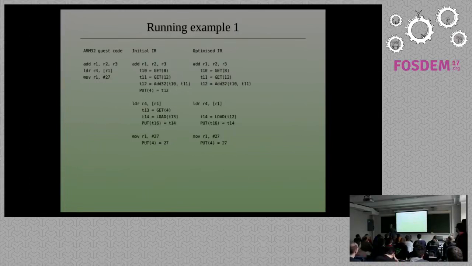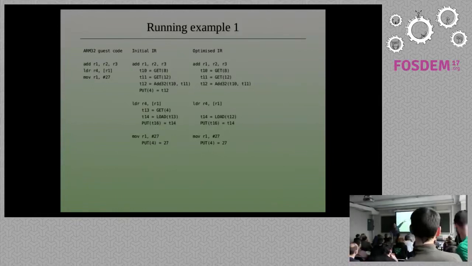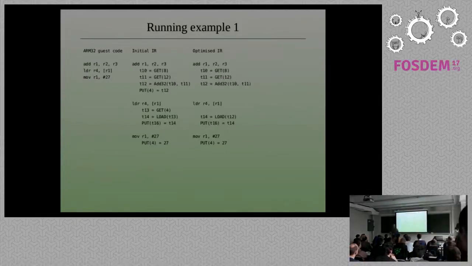And we also observe that we are overwriting this offset 4 in the guest state, so put 4 here and put 4 there. So this put is actually redundant. This is actually quite a weak example, but it shows that you optimize so that you remove some of the artifacts in the original IR.